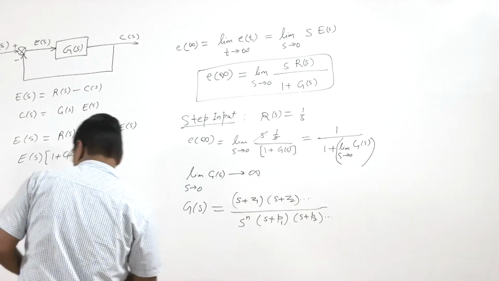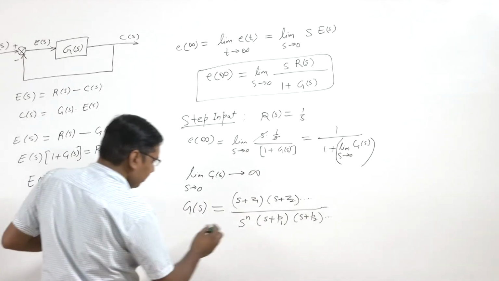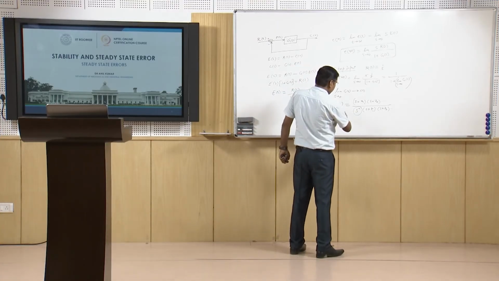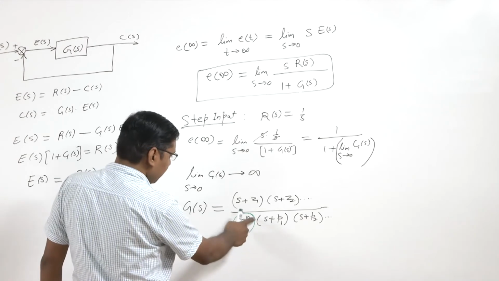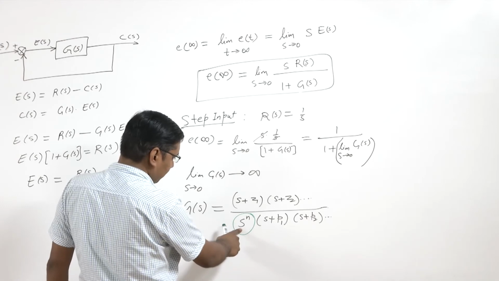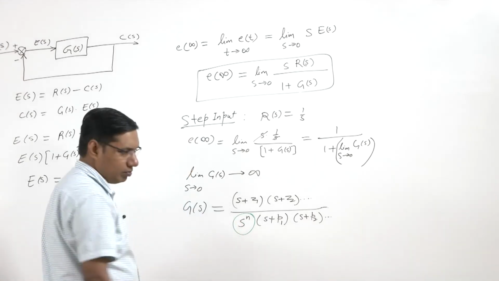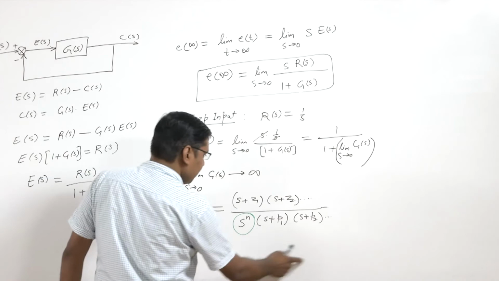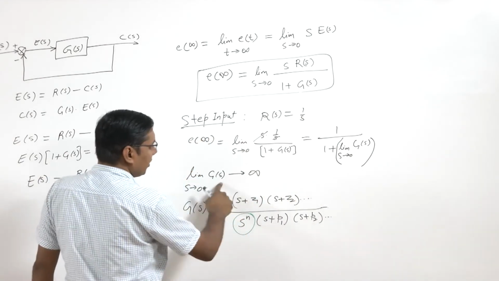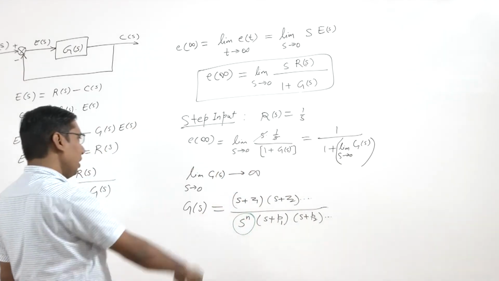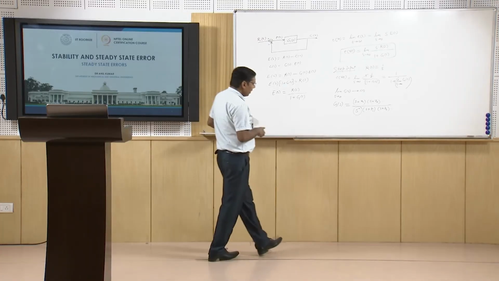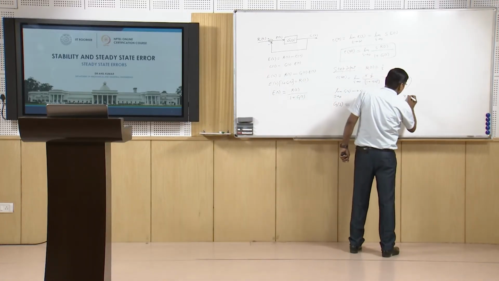But there should be one more term, this s^n here, because when s tends to 0, even a single s will make this term infinite, and when this is infinite, this error will tend to 0. So therefore n must be greater than or equal to 1.